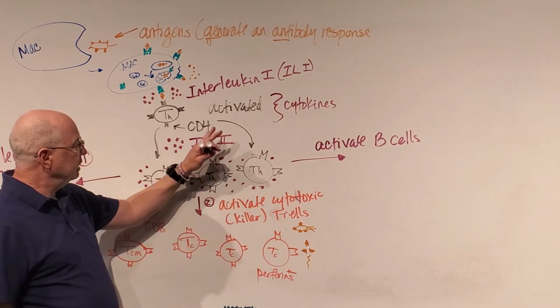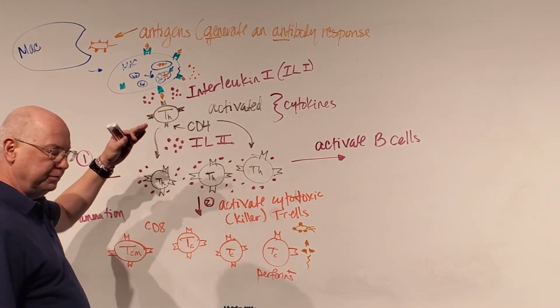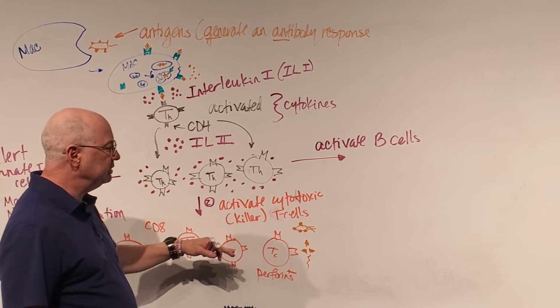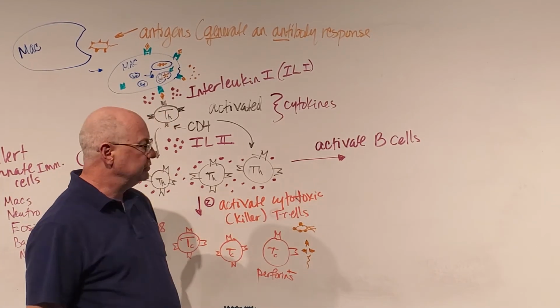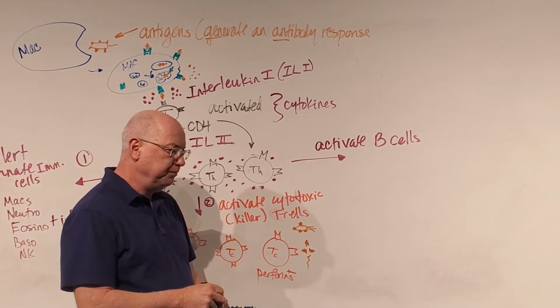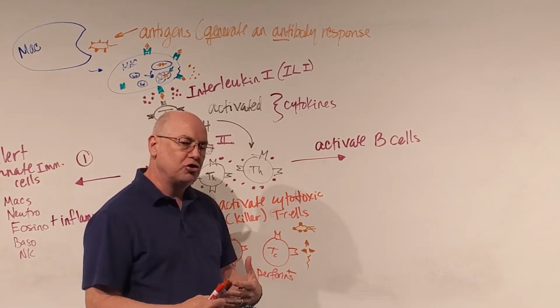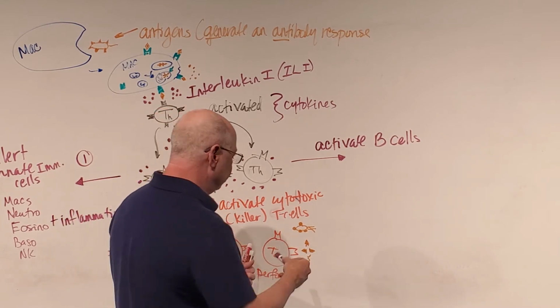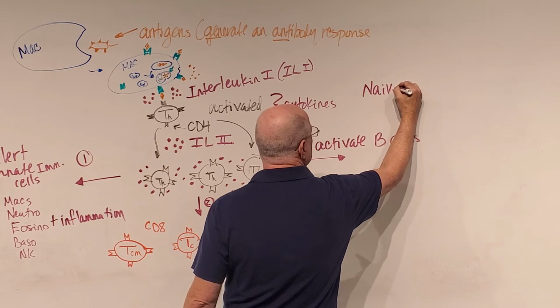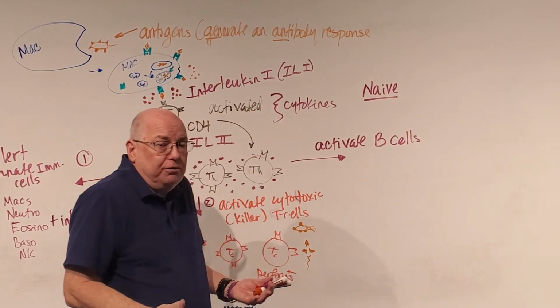These are all lymphocytes: T helper cells, T helper lymphocytes, T killer lymphocytes or cytotoxic T cells, and then there's B cells. Now the B cells mature in the bone marrow, and usually these cells are called naive cells. I'm going to use this term, naive. Okay? Naive means you don't know.